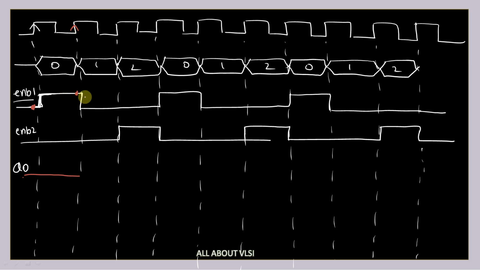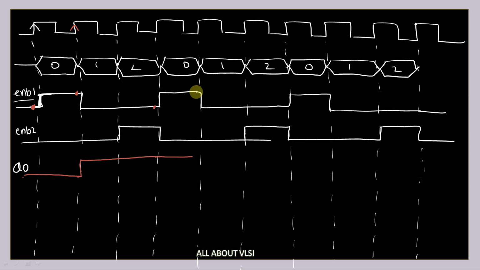If the input of your positive edge triggered T flip flop is equal to 1, definitely the output will be toggled. The output is getting toggled, and at this particular edge, the value before the positive edge of the clock that is sampled is 0, so there is no change in output.